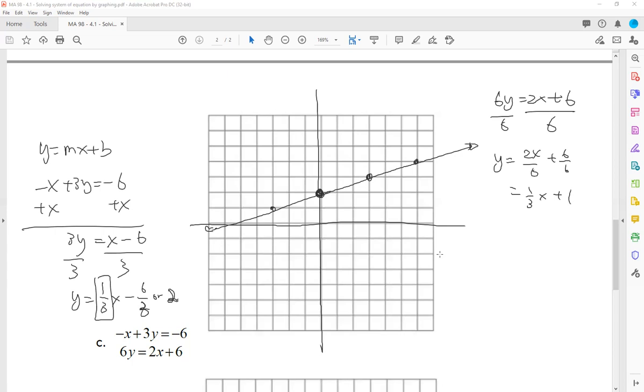And this shows that my y-intercept is at 1, but my slope is the same as the previous equation, which means I gotta go 1 up, 3 to the right, 1 up, 3 to the right, and you can tell that they are parallel. Okay, they're parallel. So that means no solution.